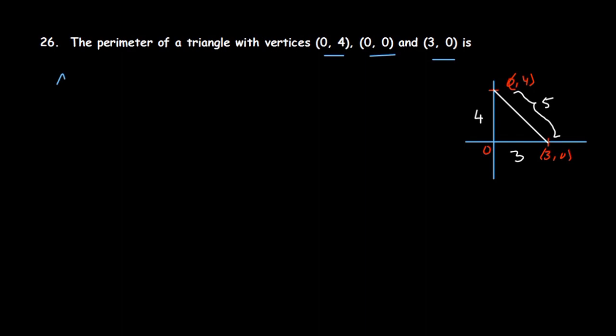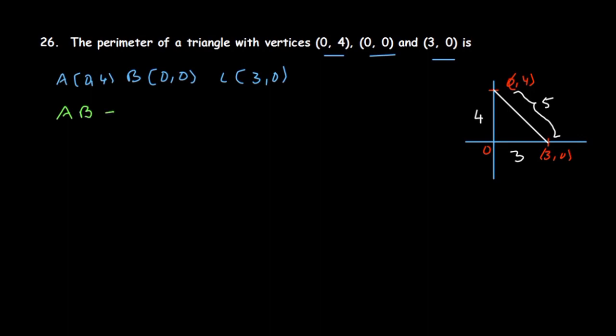First I'm going to take these given 3 points as A 0, 4, B 0, 0, that means origin, and C 3, 0. Okay, so first I'm going to find the AB distance.